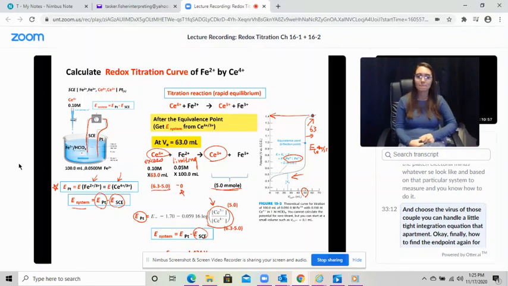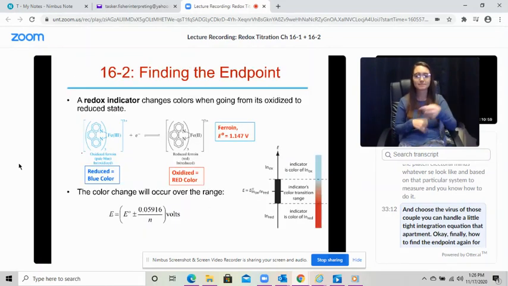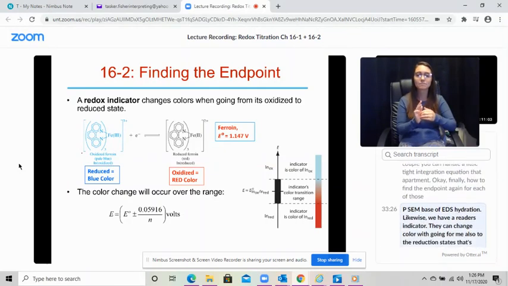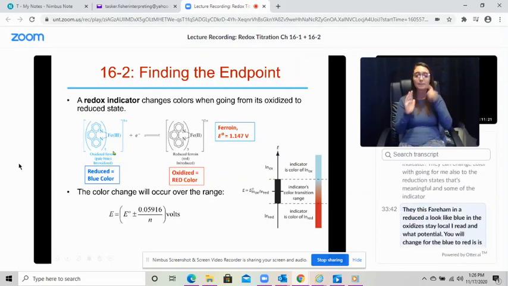Okay. Finally, how to find the endpoint? Again, as for acid-base or EDTA titration, likewise we have a redox indicator. They can change color going from the oxidized to the reduced states. When the indicator, like this ferroin, is in a reduced state, it looks blue.